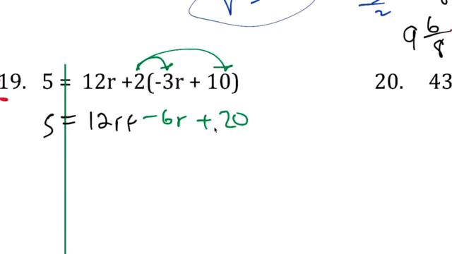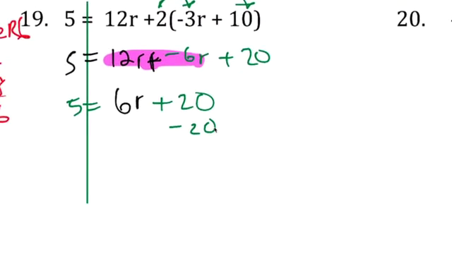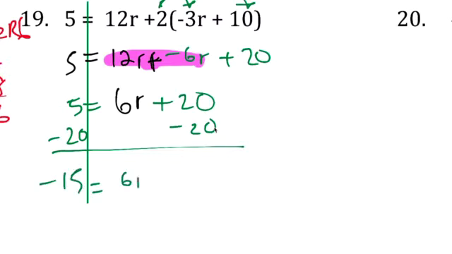Oh, hold on. These two are alike. Combine them, you get a positive 6r. You bring down that plus 20 equals 5. You minus 20, minus 20. Negative 15 equals 6r. Divide by 6.